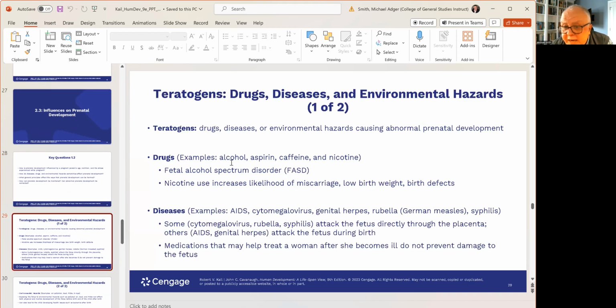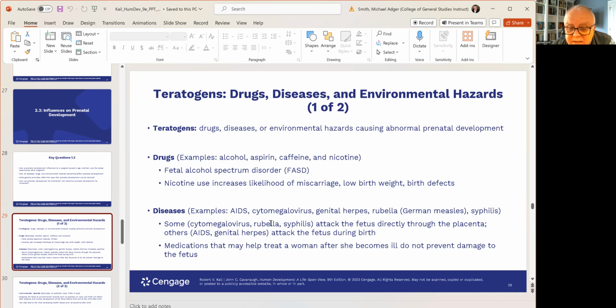Alcohol, aspirin, caffeine even, or nicotine, of course. Caffeine is a drug, so you can't drink a whole lot of coffee. There are babies born with fetal alcohol spectrum disorder or syndrome, which means they're already addicted to the alcohol when they're born. And nicotine increases the likelihood of miscarriage, low birth weight, and birth defects. So it's important that a mother not smoke during that time.